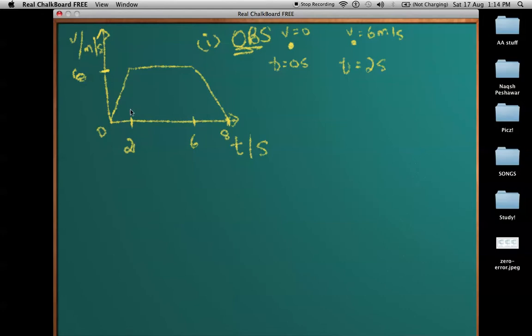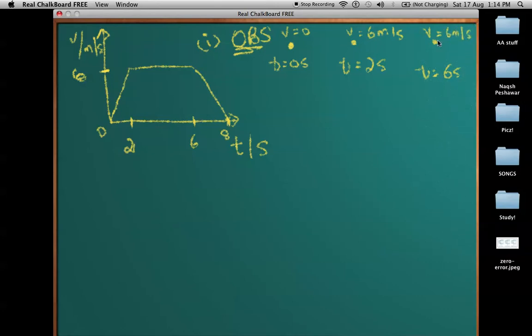Now we can see there is a straight line from 2 to 6, which means the velocity remains the same. The car is moving. It's not at rest, because this is a velocity time graph. It's moving at a constant velocity. From time t equals 2 to 6, velocity remains constant at 6 meters per second.